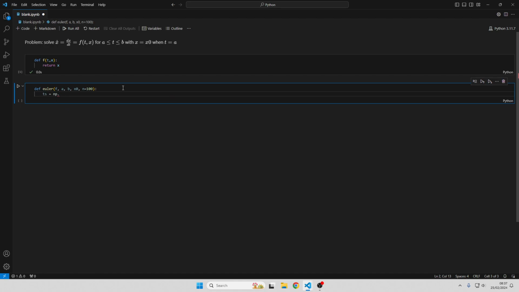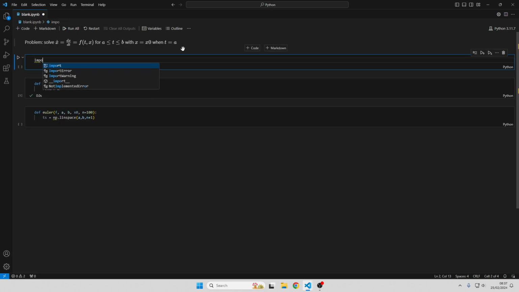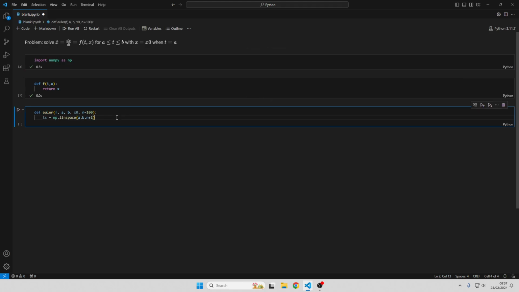And so we're going to divide the range, like I said, from a to b into, well, let's do it, n plus 1 points, which means we've got n gaps. And for this, actually, we need to import numpy as usual.